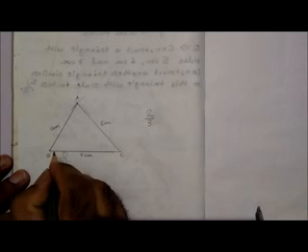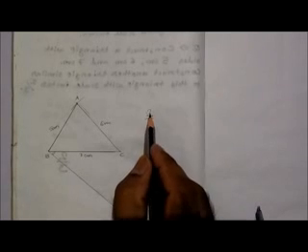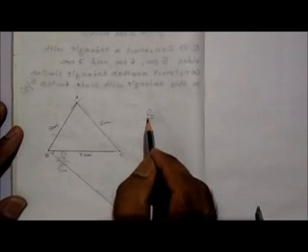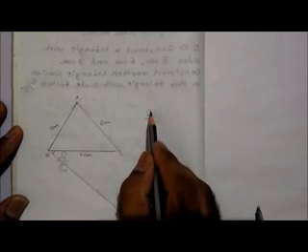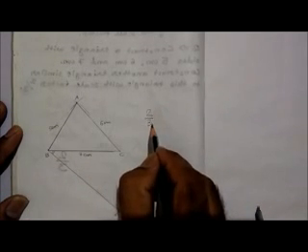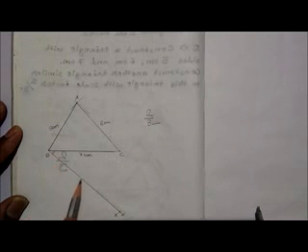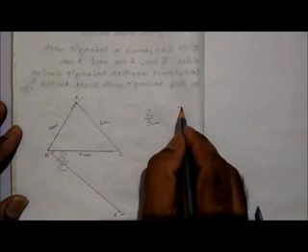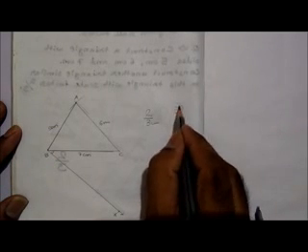Okay, this is our ray BX which forms an acute angle with BC. Now in the scale factor, the number which is greater, that many arcs we have to give here. So here 3 is greater, so we have to give 3 arcs. Suppose we have 5/2, then we have to give 5 arcs.